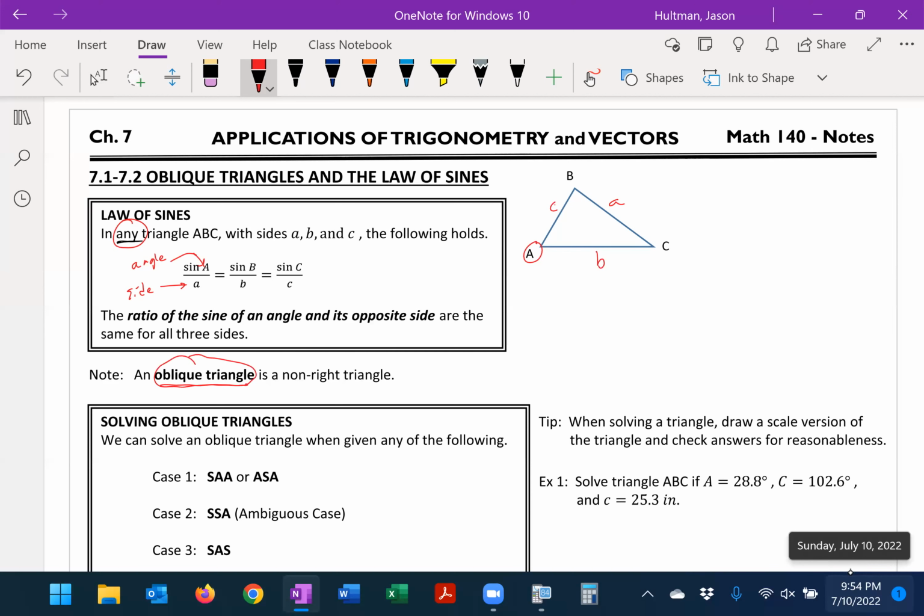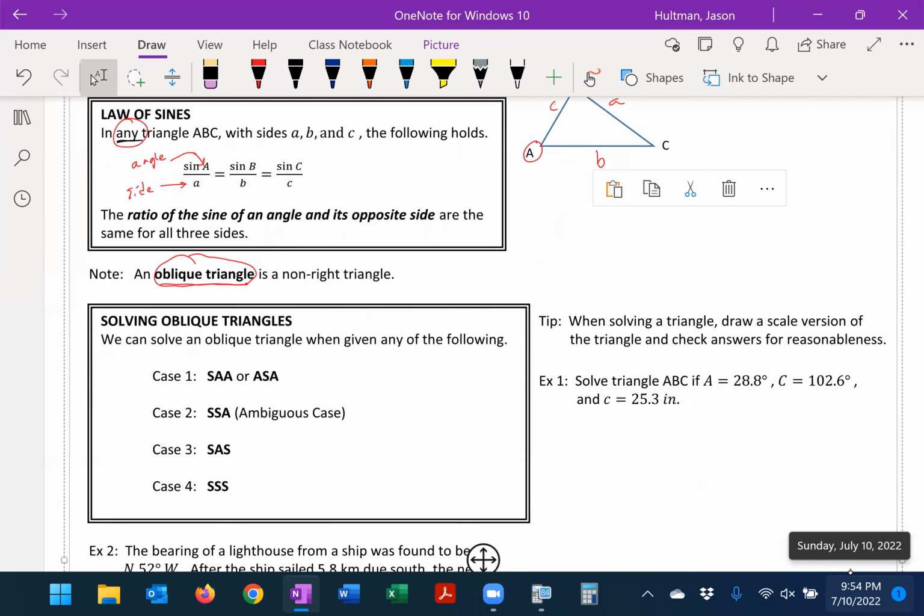Solving oblique triangles. If we're given a side, an angle, and an angle, basically if we're given two angles, we can use the law of sines.